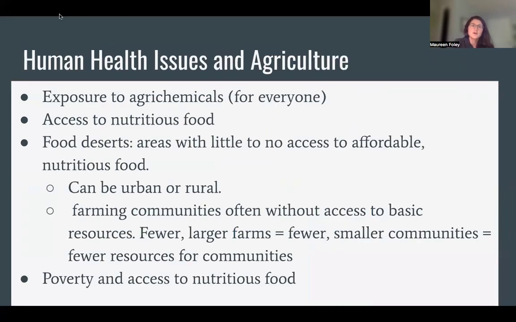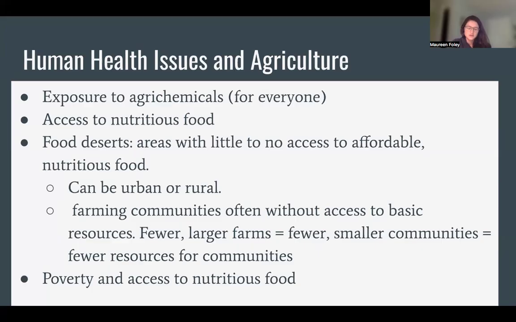So that's kind of an overview of some of the human health issues that are associated with agriculture. Exposure to agrochemicals. This is both for agricultural workers and for everybody else because we eat food, and some of us live in communities that are close to agricultural areas. Another issue is access to nutritious foods.